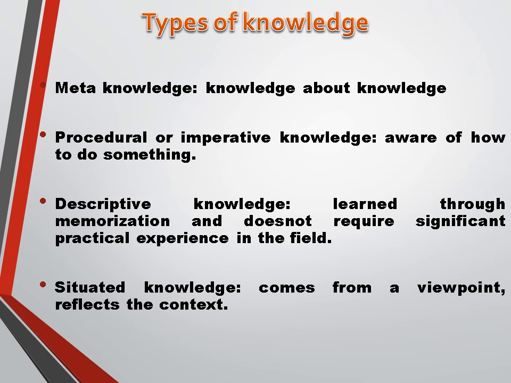When we see things from outside of that perspective, we may not understand, but it may be important in that particular situation. This knowledge we mostly inherit in the cultural setup. So this can also be termed cultural knowledge or situated cultural knowledge.